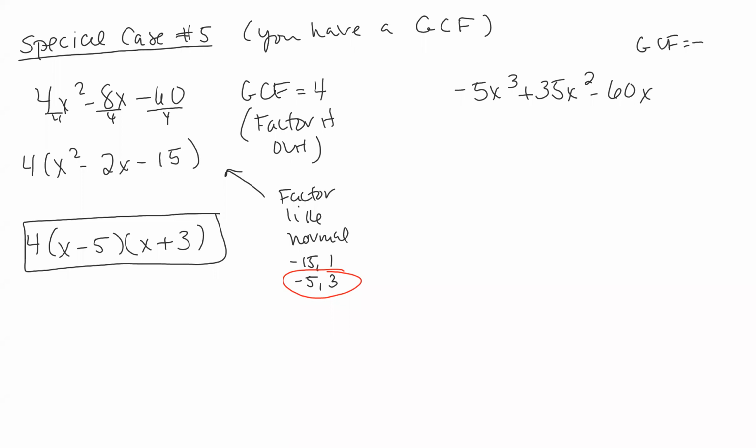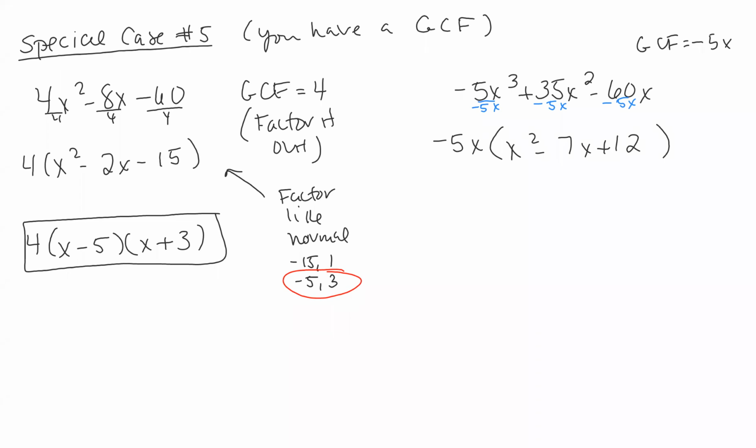And then I noticed that all of the terms have a 5 and an x in common. So I'm going to factor out the negative 5x. And so if I divide all of these by negative 5x, what do we get? Well, we get positive x squared, negative 7x, and positive 12. Okay, so now I would factor what's inside the parentheses.